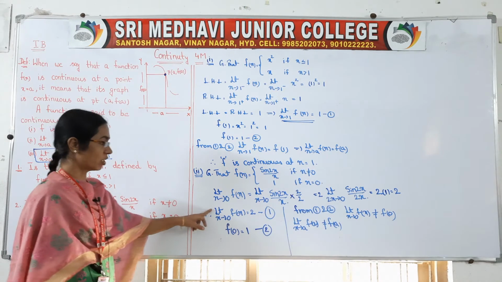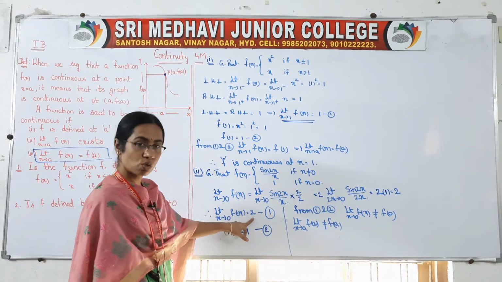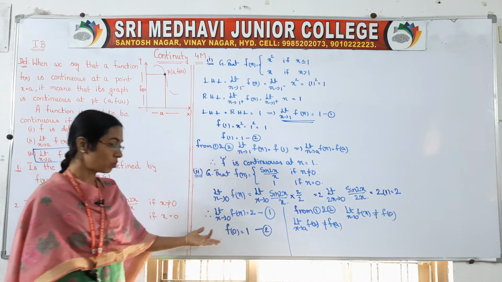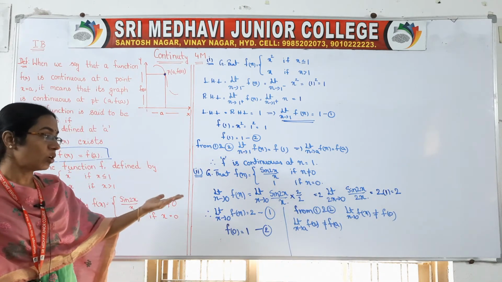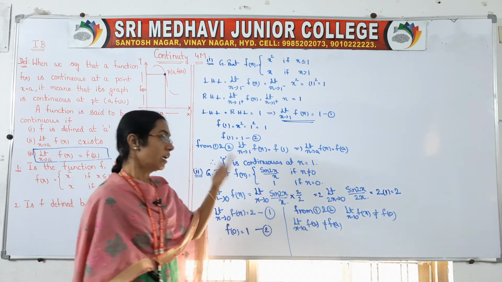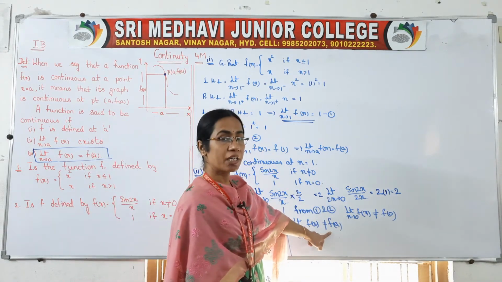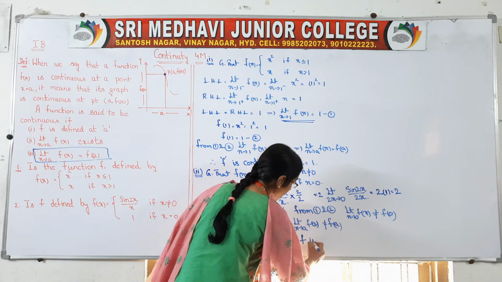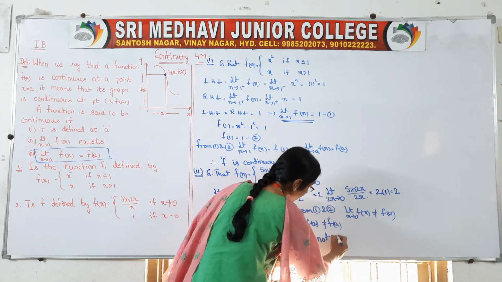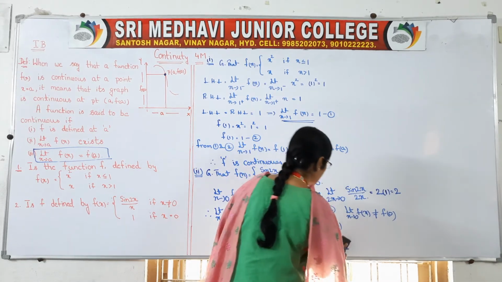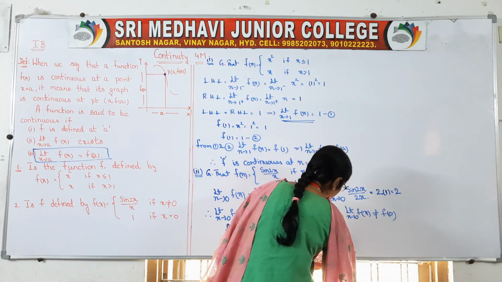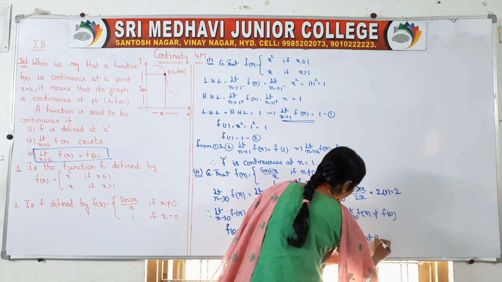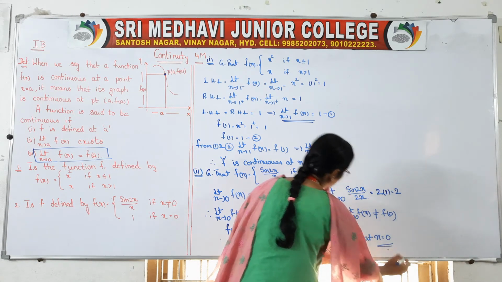Observe, limit x tends to 0, f of x is 2, we got it, and f of 0 is equal to 1, we got it. So 2 is not equal to 1. So limit x tends to a, f of x is not equal to f of a. Therefore f is not continuous at x is equal to 0.